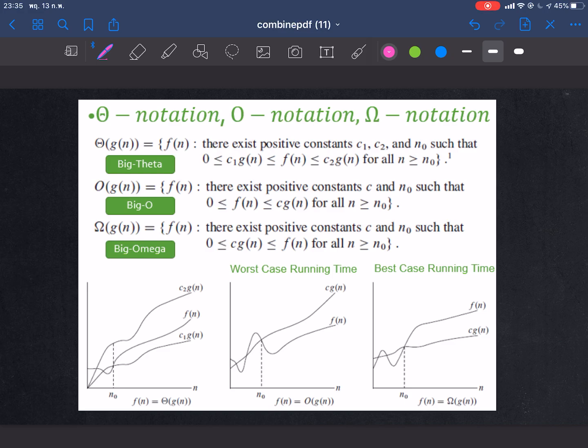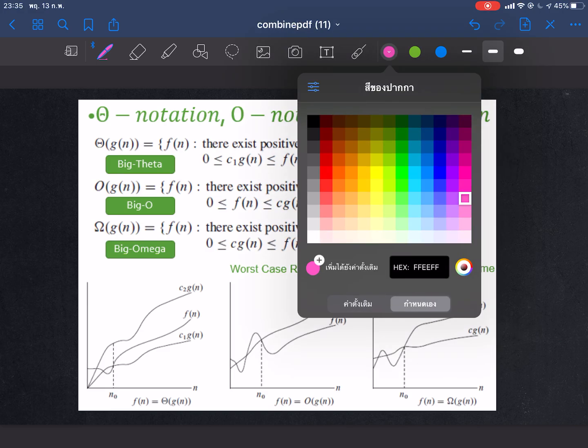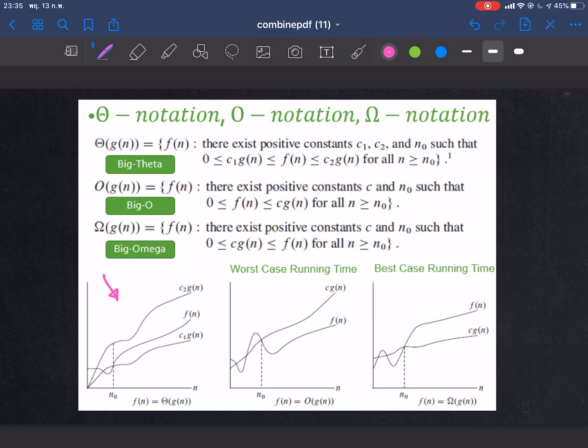So, in big theta, what does it mean? If this is your algorithm and it has running time equal to f(n), big theta will have another function which depends on n. n is the size of input.